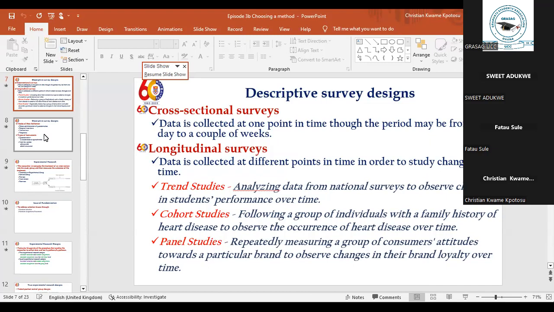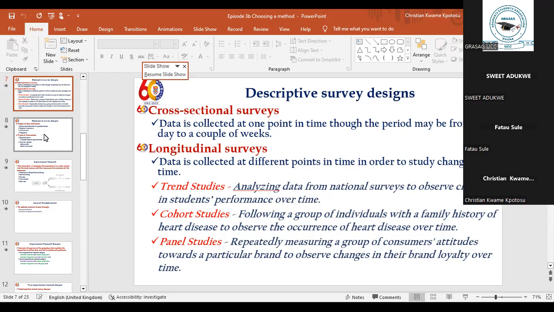Then the panel: the researcher surveys the same sample of individuals at different times during the course of the survey. So in panel studies, the individuals are not changing. That is why you have the repeated measuring of a group over a period of time. But with the trend, there is a population and individuals in that population might be changing, even though you are collecting data on one phenomenon.